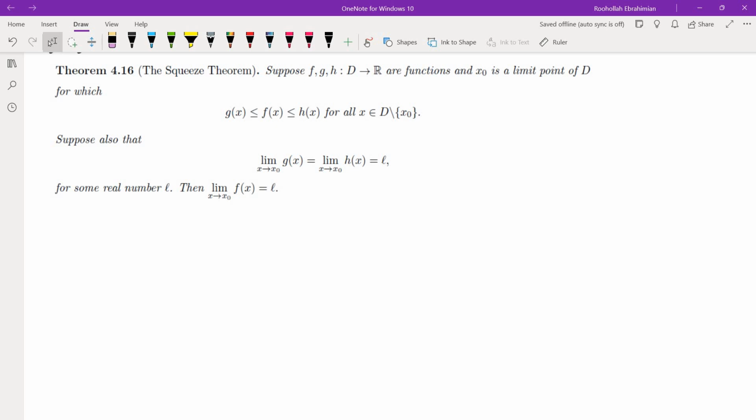Okay, so how do we prove this? The idea would be basically the same thing as we have done before, which is you start with a sequence xn, and you allow the sequence xn to approach x0, and then you show that f of xn must approach L. So I'm going to write down the sketch of proof.